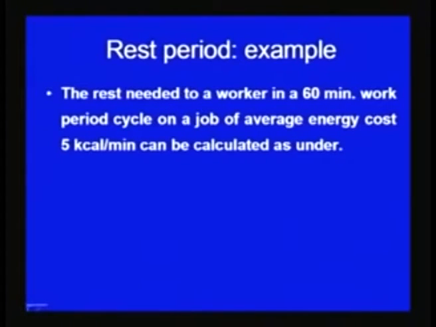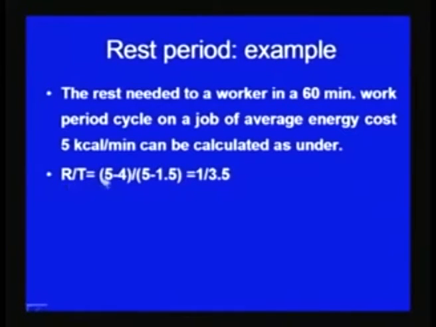If we consider an example where the work cycle is of 60 minutes duration and the energy cost of the work is 5 kilocalorie per minute, then the time of rest can be calculated using the said method as following.